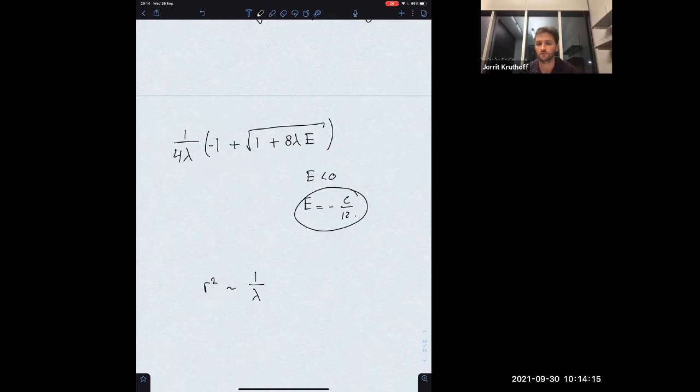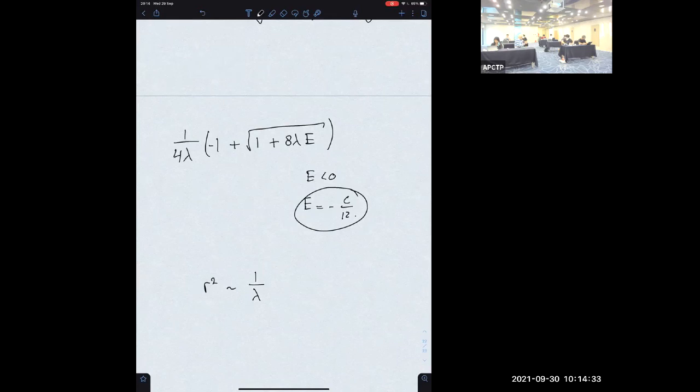Even with the little string proposal, there are some complications, like you can have time-like closed curves, something like this. Thank you.